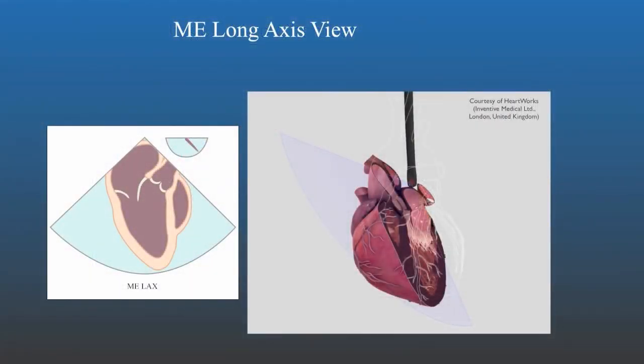Rotating the omniplane angle out further to between 120 and 160 degrees in the mid-esophagus yields a long-axis view of the aortic valve. In addition to the valve, the left ventricular outflow tract and aortic root can be seen in continuity on either side of the valve.